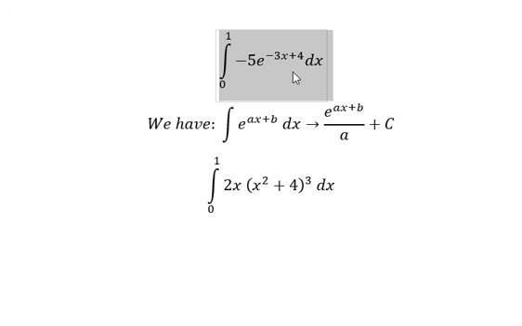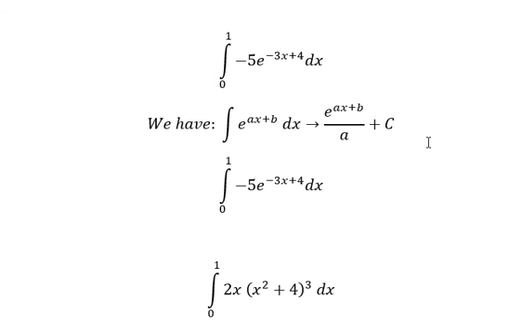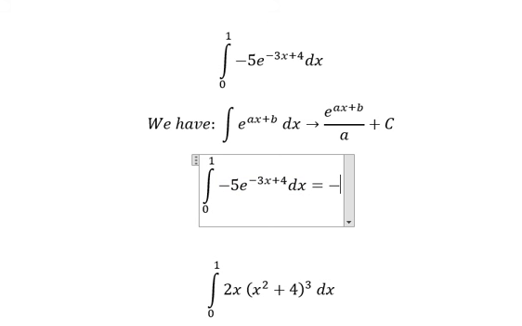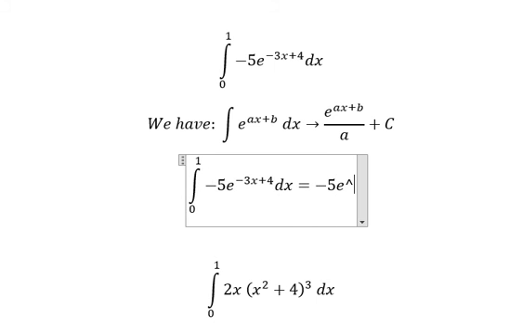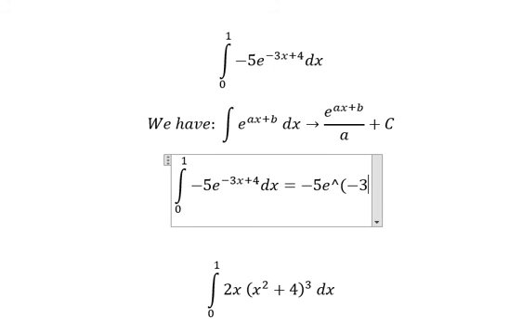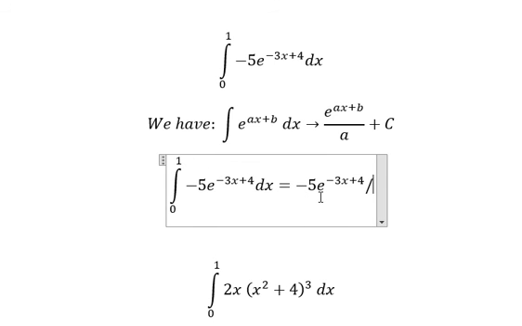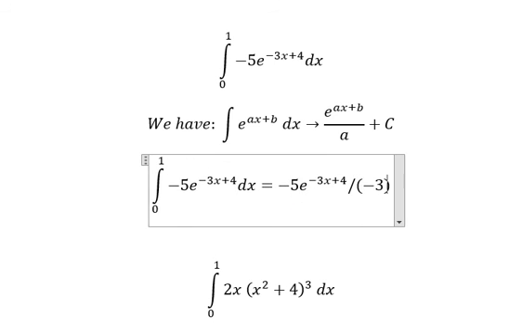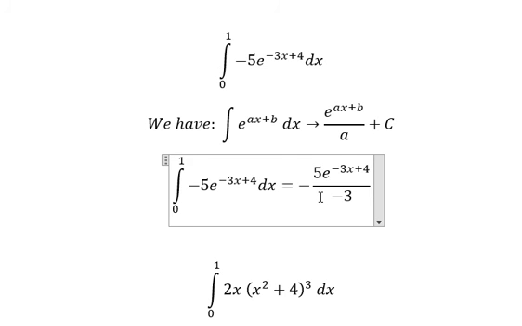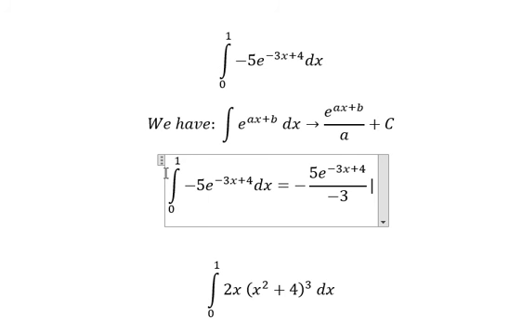So we apply it for this one. And then we have negative number 5 e to the power of negative number 3x plus 4 over negative number 3. And we put the bounds from 0 to number 1.